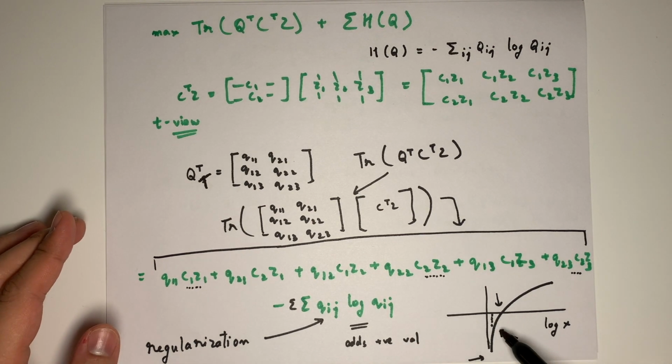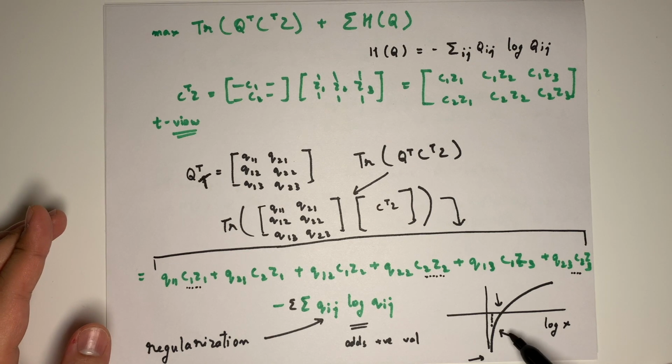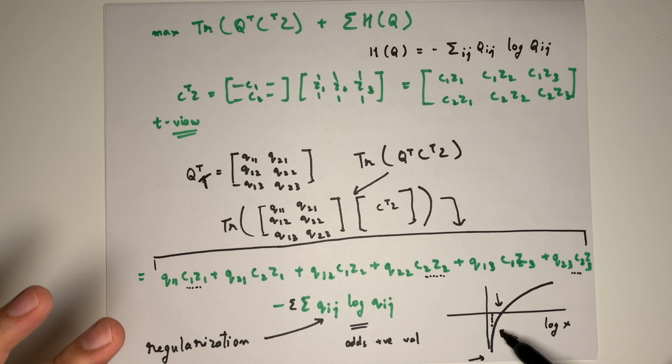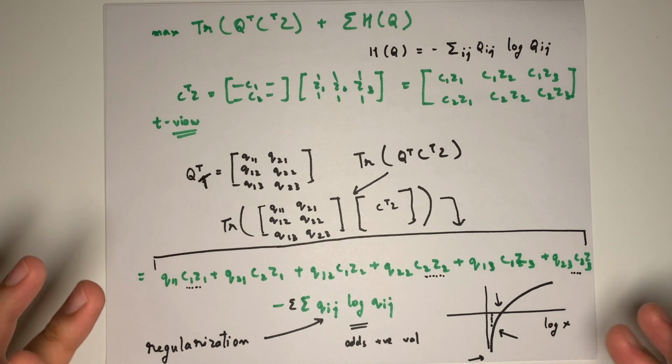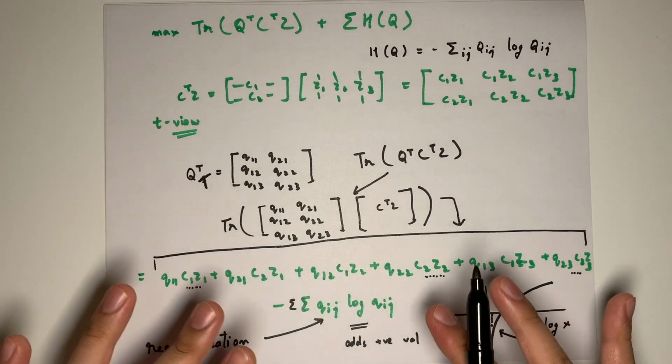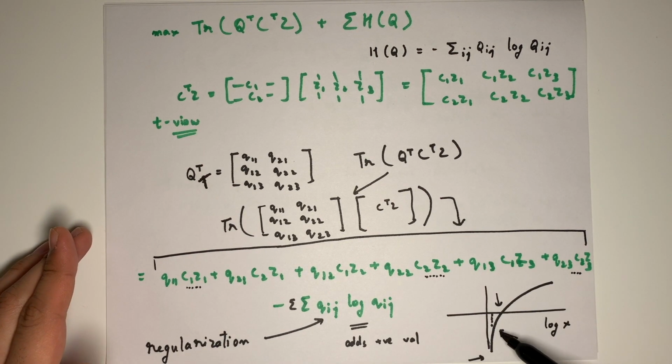So we would get the optimum somewhere in the middle, and hence each Q taking a value in the middle is optimum. The regularization term overall would be maximized if each Q takes an optimum value somewhere in the middle here.